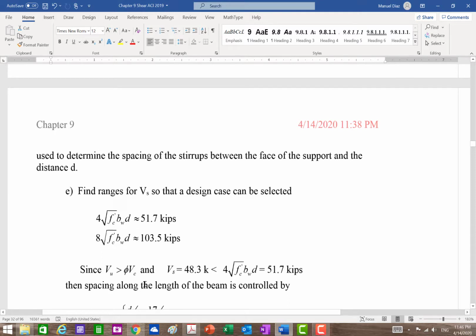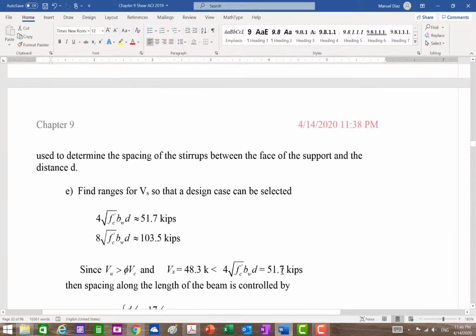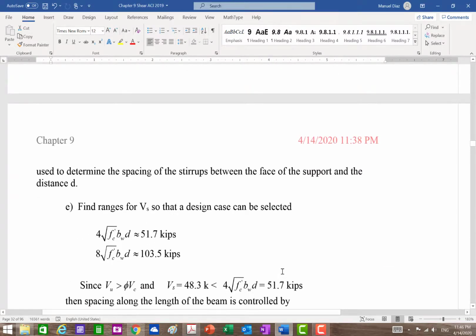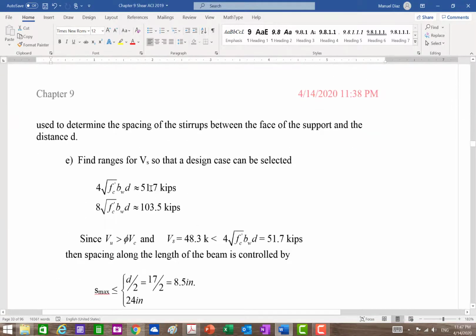And my VU at D, okay, is 48.3 and is below the 51.7. Right? Below the 51.7. Oh, wait a minute. No, excuse me. My V sub S, 48.3, is below these numbers, so we are good.